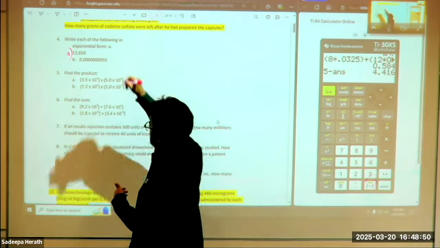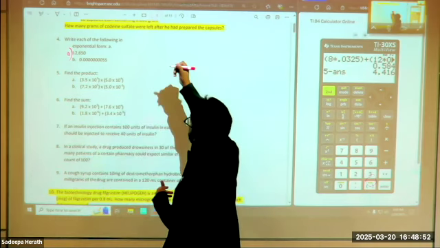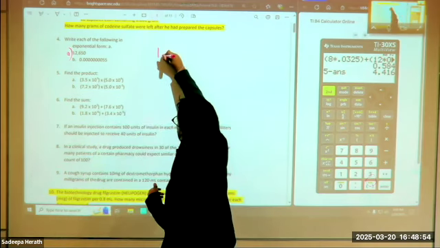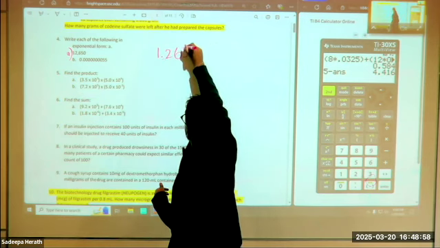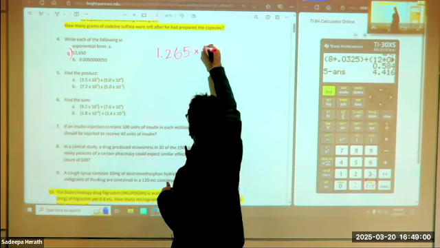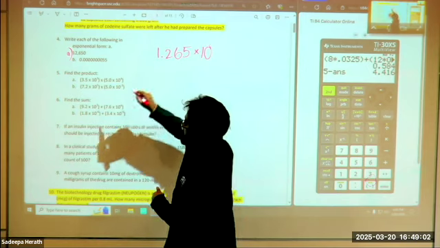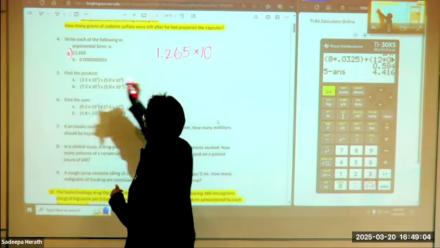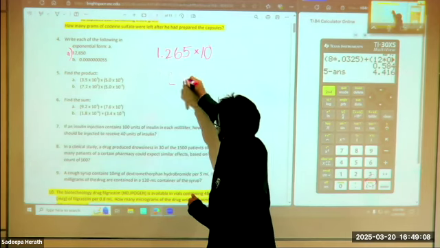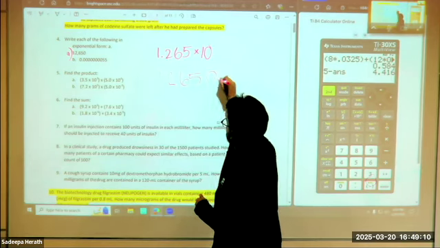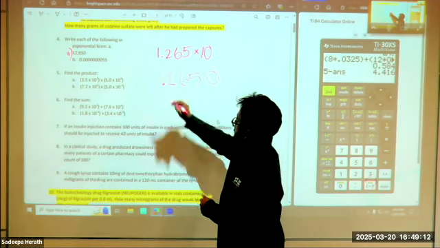So for 12,650, for example, we can write it out as 1.265 times 10. So we're putting a decimal point at 1.